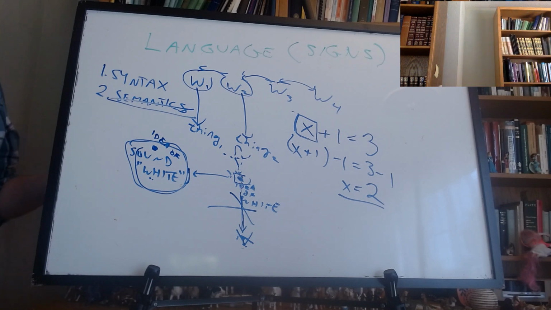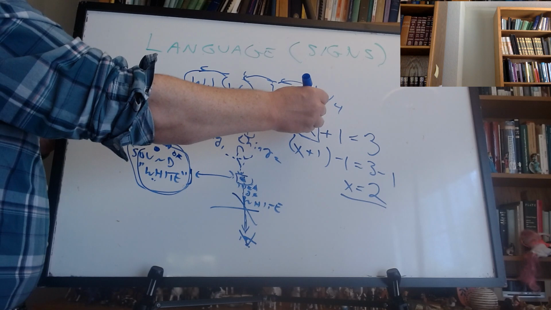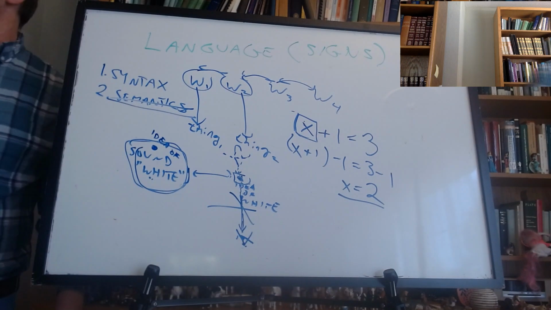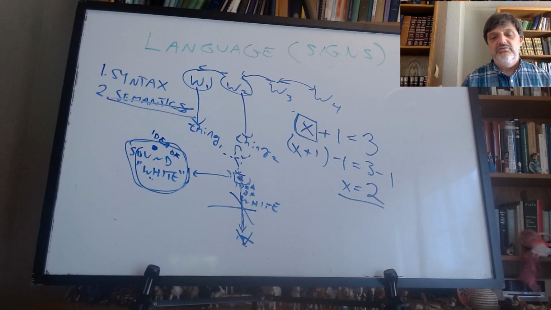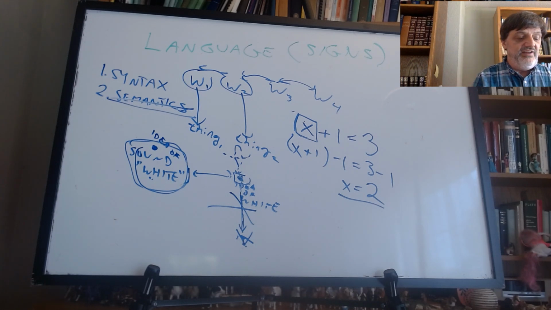And the answer is that although it turns out that x is supposed to stand for 2, to begin with, you can think of that as a semantic relationship, even though that's not what Berkeley is going to think. He doesn't believe in any of these semantic relationships. But to begin, think of that as a semantic relationship. So that symbol x is actually supposed to be about the number 2.